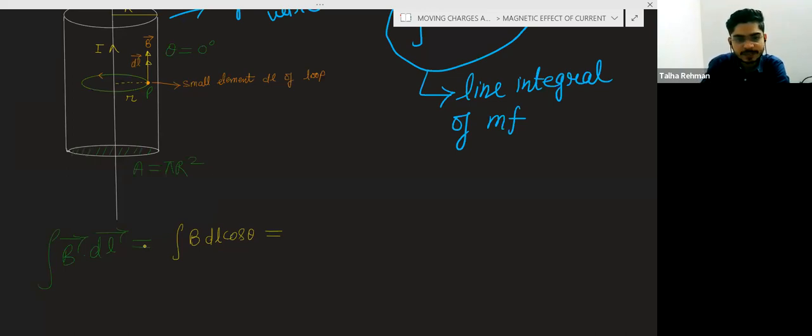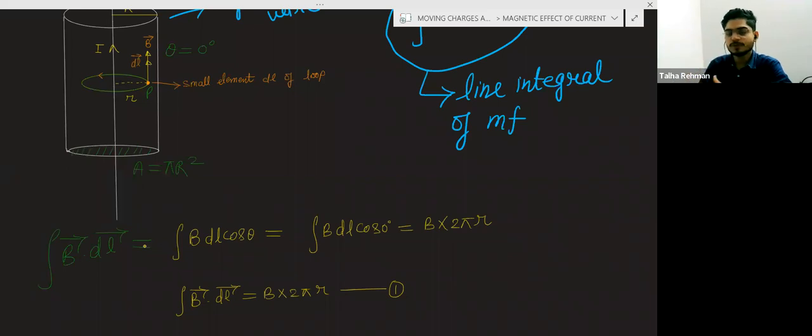Finally you will get B into dl into cos 0, and cos 0 is 1, so you will have B into 2 pi into small r. This is your B dot dl: magnetic field into 2 pi into small r. This is your equation number 1.